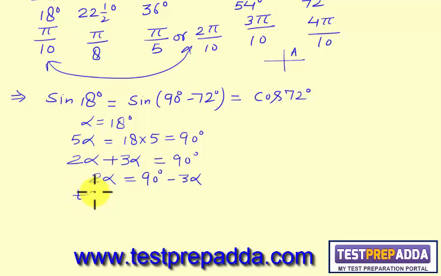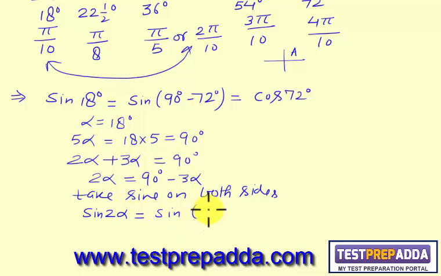Now take sine on both sides. So it will become sine 2 alpha is equal to sine 90 minus 3 alpha, and sine 90 minus something means it will become cos.